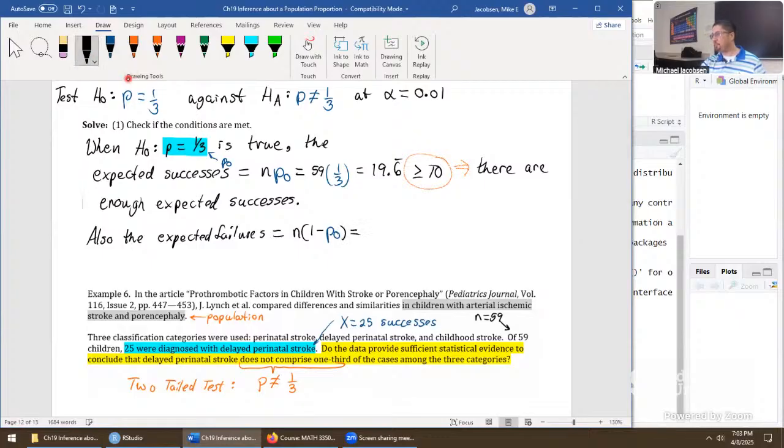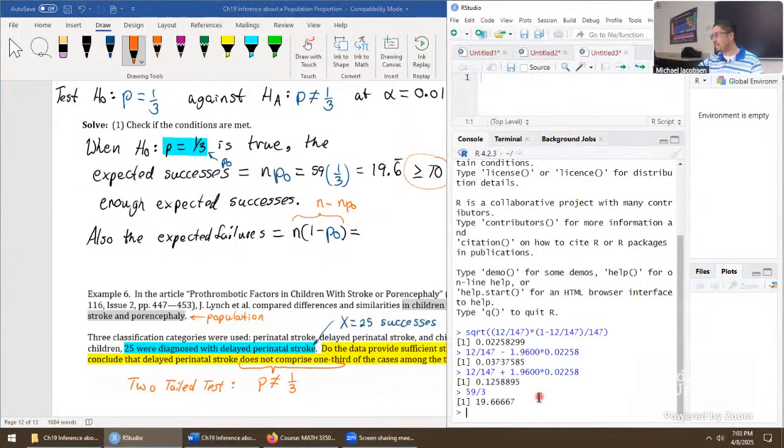What's weird to me about this formula, which just about every textbook covers, is that it's doing this in a harder way. Once you've found the expected successes, take your sample size and just subtract it off. So another formula that you could run here is just going to be n minus n times p naught, which is the value just found, 19.6.